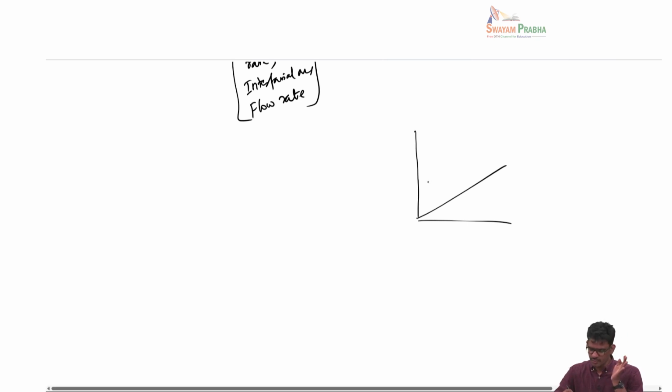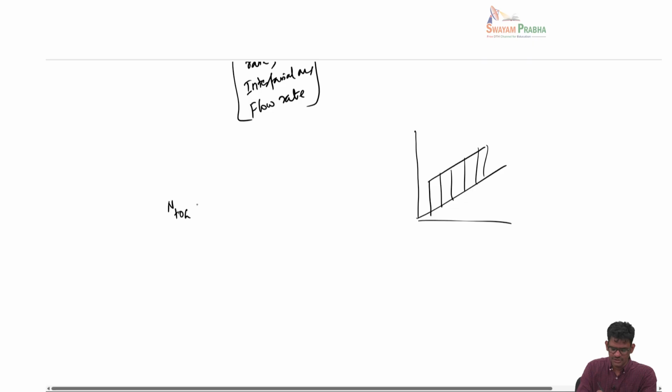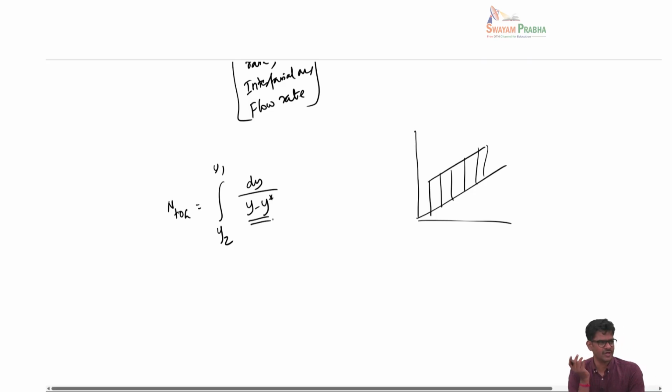So that means you are talking about another line with the same slope. And here the driving force will be of the same value across y, right? So that means in the calculation of NTOG, this y minus y star is actually a constant over y, and you can take it out.